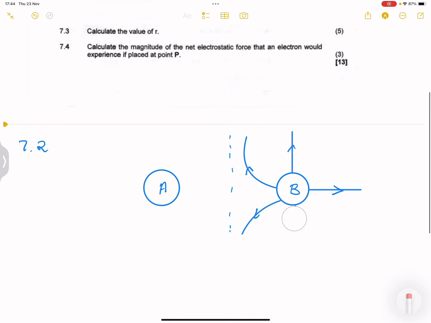And please remember that field lines may not cross each other. So that's what that looks like.